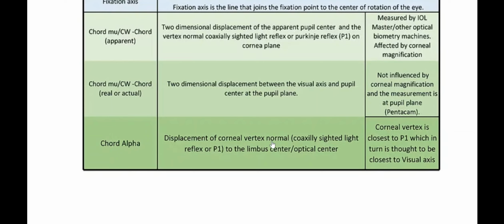And that is measured by the coaxially sighted light reflex, which is the Purkinje's reflex 1, the light that shines from the cornea to the limbus center or the optical center of the eye. As I said before, the optical center is sometimes loosely said to be the limbus center. So the machines that give you this value often give you the chord alpha as a difference between the Purkinje's reflex from the cornea and the limbus center, right? So that they give you as chord alpha.